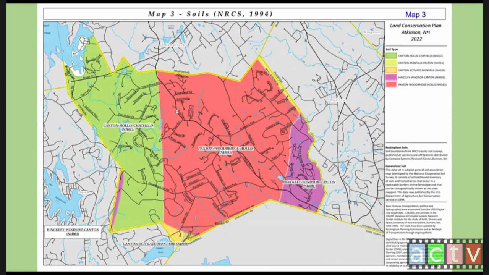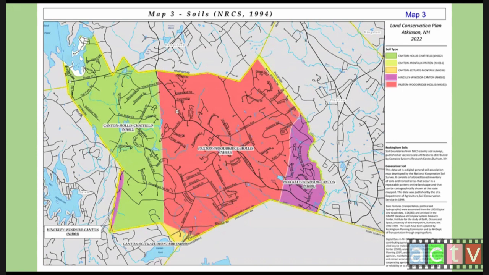The green is Canton, Hollis, something or other. Chatfield. Chatfield, yeah. The yellow, which is down in the Brushwood Drive area, is Canton, Montauk, Paxton. The orange is Canton, Sutton, Montauk.